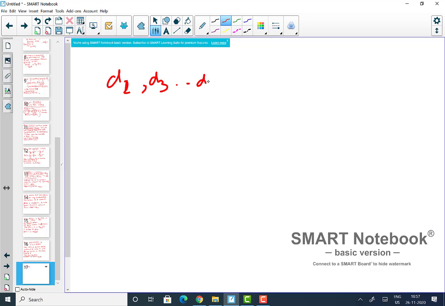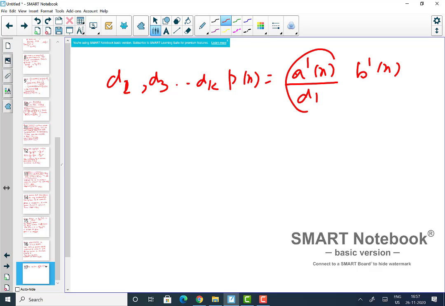So this is some Dn into p(x), and then after this division, say for example all the coefficients of this are divisible by D1, then you can write down D1 into beta x, and note that this a dash x over D1 is an element of R[x], because the division is possible, right?